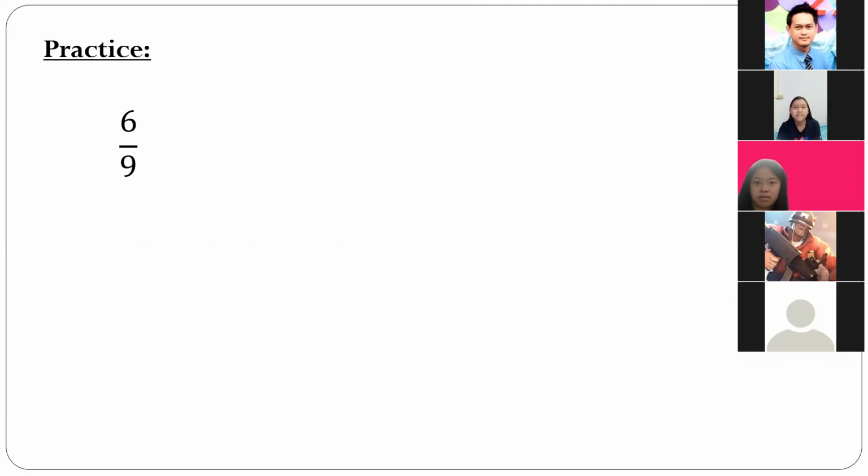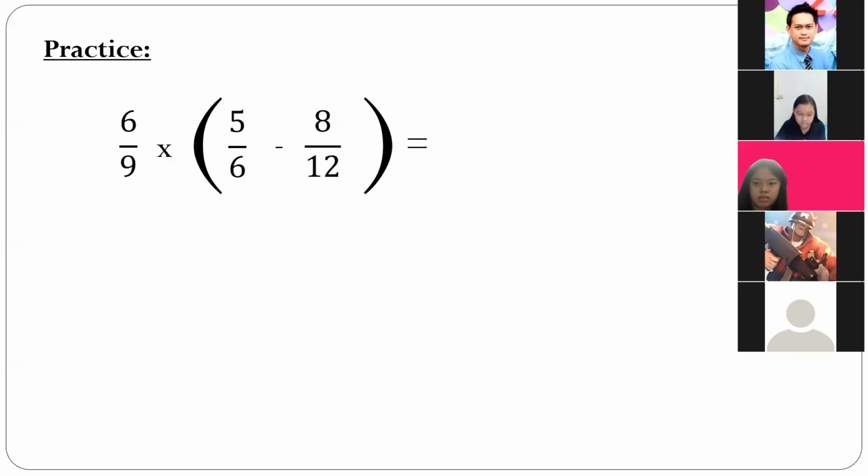6 over 9 times, open and close parentheses, 5 over 6 minus 8 over 12. What is your answer? Finish.